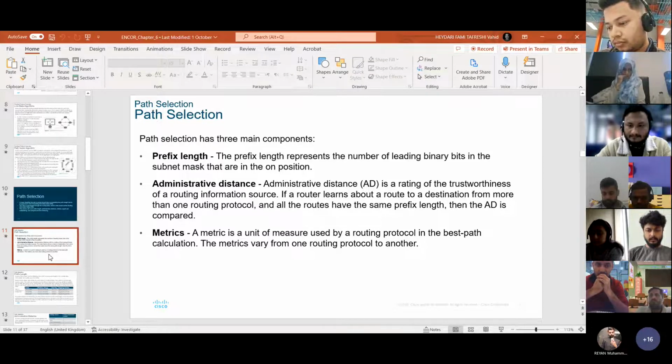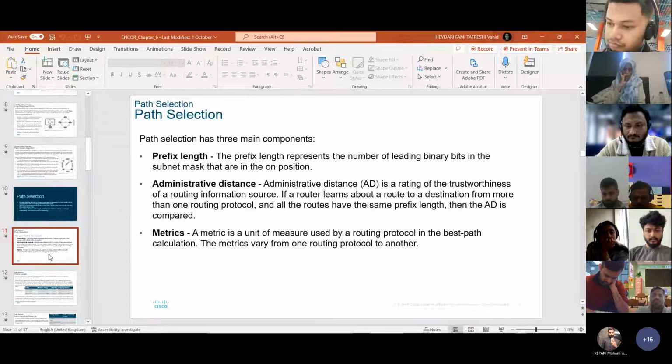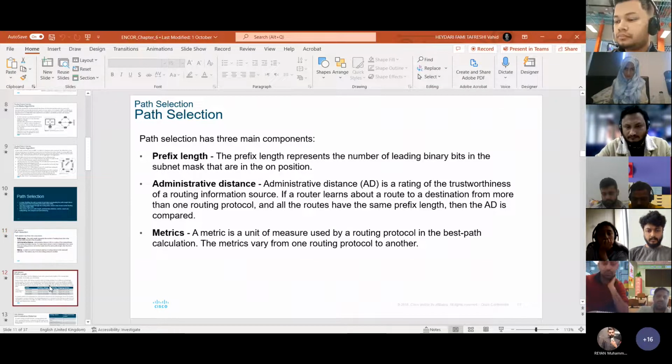For EIGRP, it is going to be a composite metric, if you remember: bandwidth, load, reliability, etc. So depending on the routing protocol, the type of the metric is going to be different. However, whichever routing protocol you are running in a scenario, the lower the metric, the better, or the more preferred the route is.